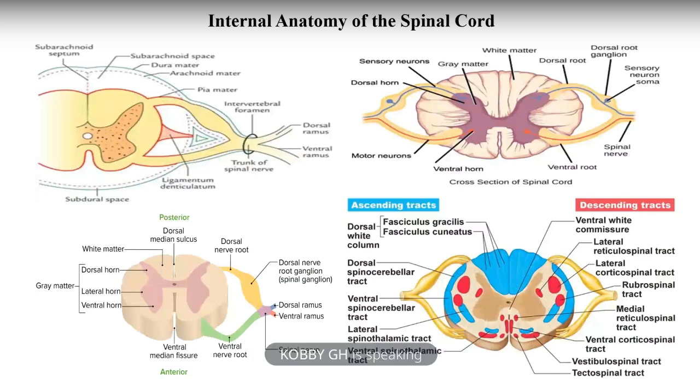Okay, so the neuron cell bodies. Now, the cell bodies, do they have a myelin sheath around them? No, they do not have a myelin sheath. That is why they are not whitish in color. They are rather gray. Okay, so the gray matter is made up of the neuron cell bodies, and they are not myelinated. Neuron cell bodies are not myelinated.